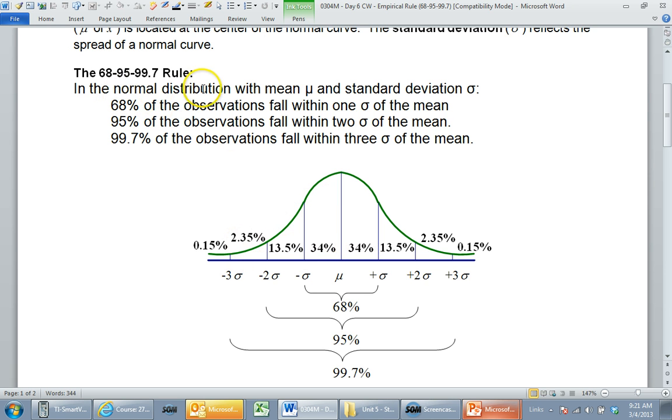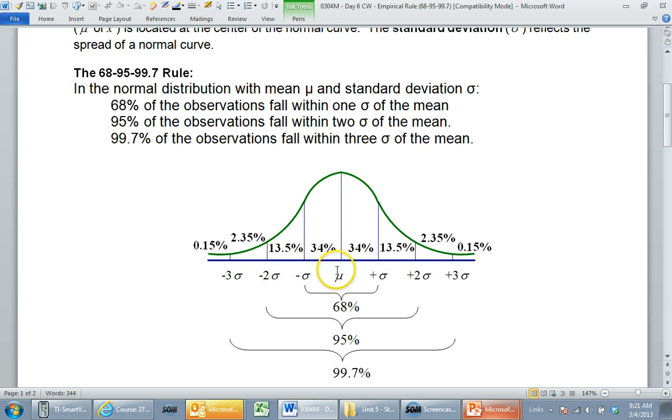If we have a normal distribution, meaning that a set of data forms this sort of bell curve, then if we start with the mean right in the middle of the distribution and mark off one, two, and three standard deviations in both directions, it turns out that 68% of the data will fall within one standard deviation of the mean.